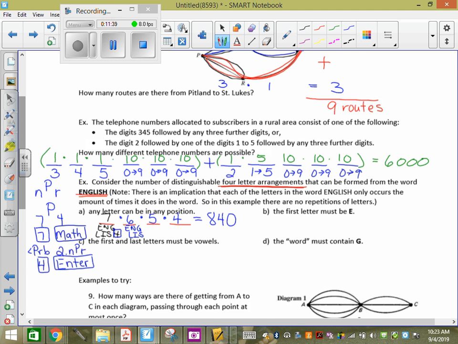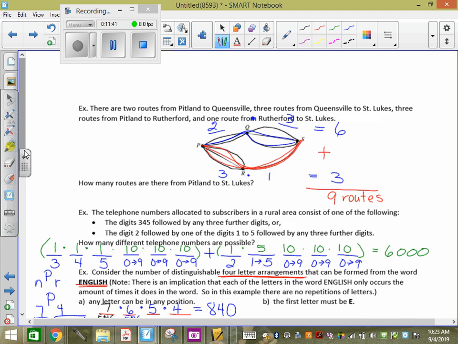Okay, factorial symbol, since I didn't teach it to you. Sorry about that. Thought I did. So 7 factorial, we know, is the same as 7 times 6 times 5 times 4 times 3 times 2 times 1. The factorial symbol you can use whenever you start at a number and go down by 1 until you get to 1.